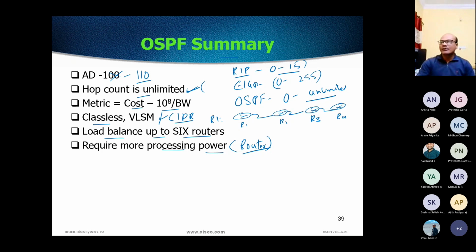RIP is going to work up to 15, and EIGRP up to 255. And OSPF? Infinity, unlimited. We can use thousands of routers. Hop count is nothing but your next hop count. This is hop count 1. Start from 0, 1, 2, 3, like this. Understood? Yes, Raj.